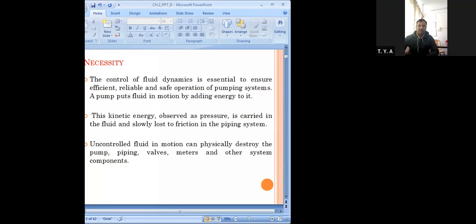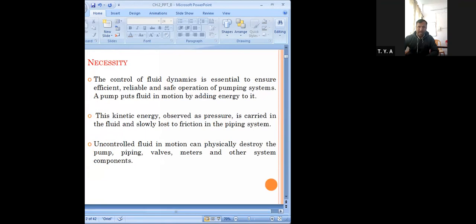Once again I am repeating, as we know, hydraulic pumps are required for generating the pressure, that means we get the hydraulic energy.